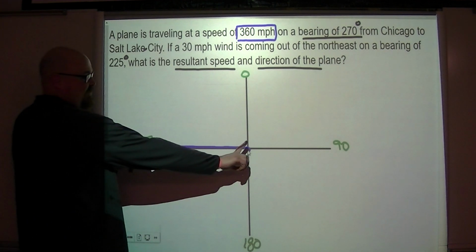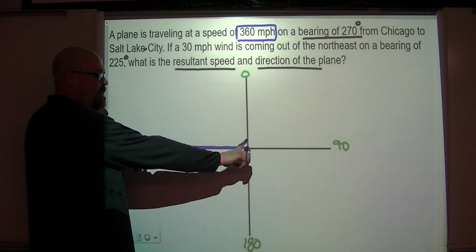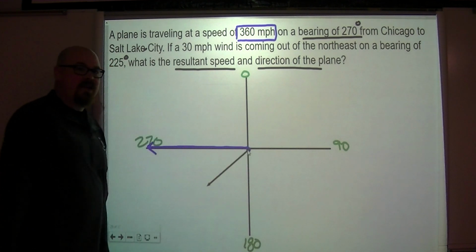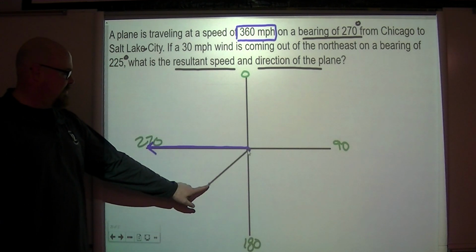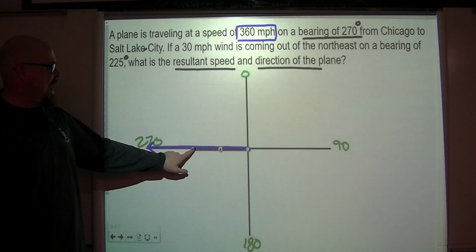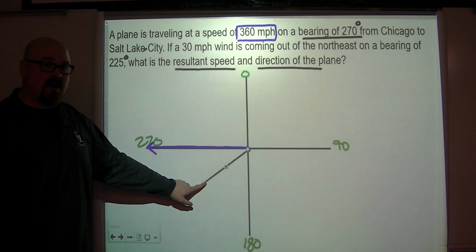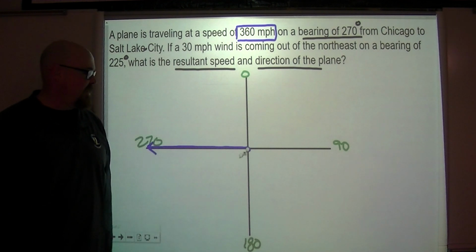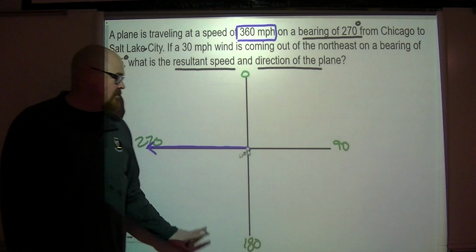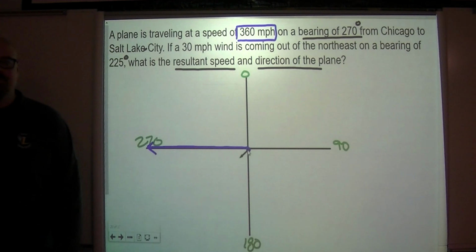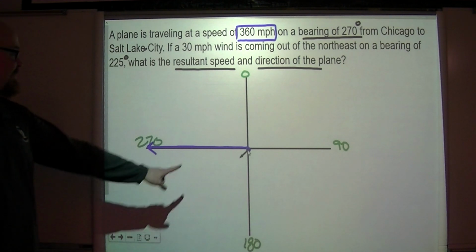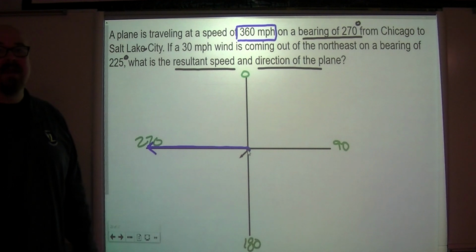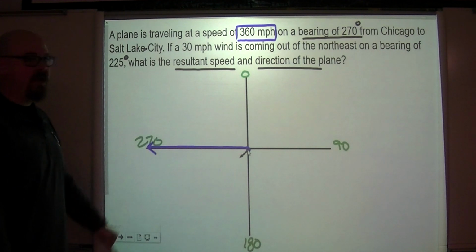Because if this is 360 miles per hour, this can't be 30. This is roughly half that. This is a 180 mile per hour vector right now. So 30 miles per hour is like that. That's the speed of the wind compared to the speed of the plane.